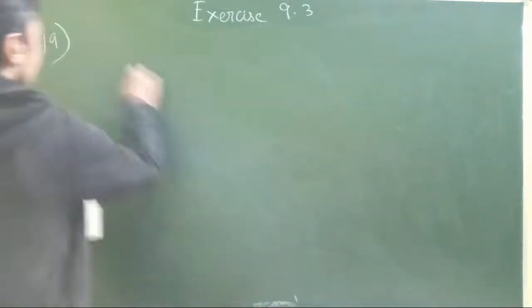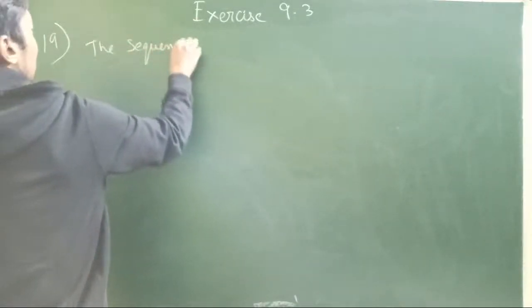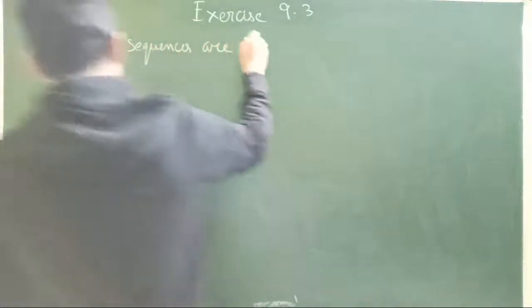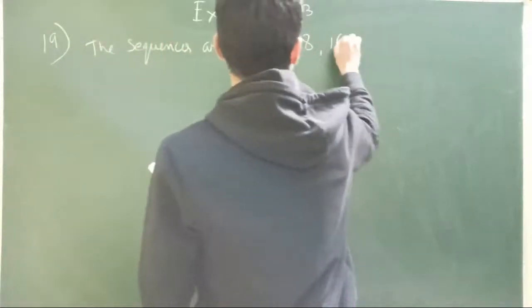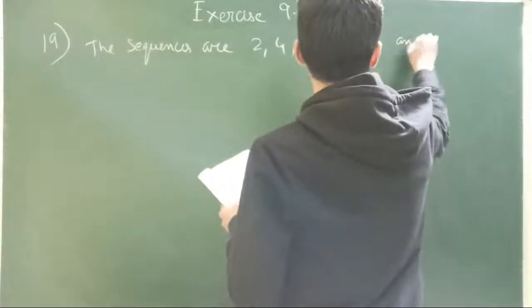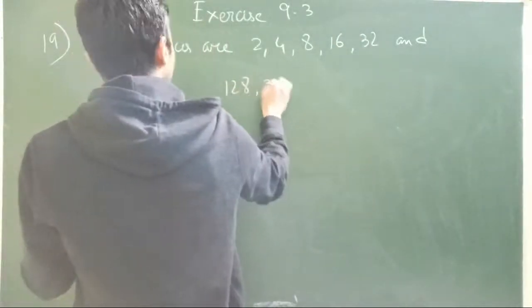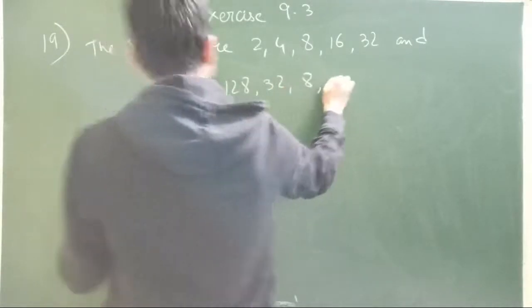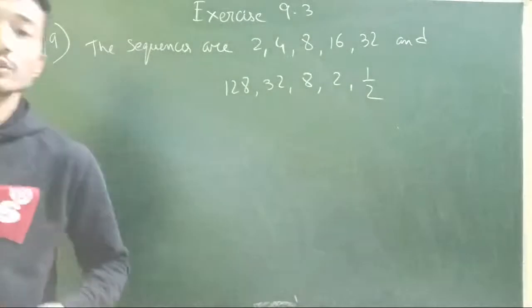There are two sequences. The sequences given are 2, 4, 8, 16, 32. And the other sequence is 128, 32, 8, 2, 1 by 2. Fine. These are the two sequences given.